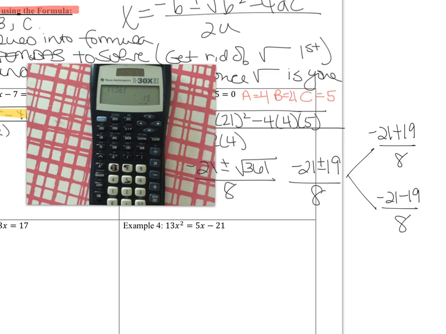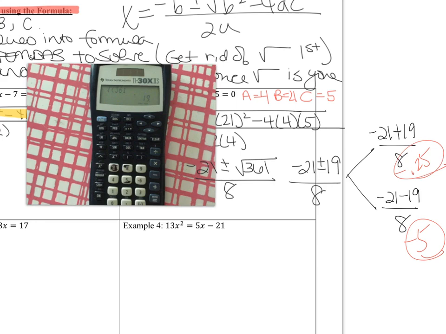So in my calculator, negative 21 plus 19, I got to hit enter first, divide by 8. I get negative 0.25, which is just negative 1/4. And then negative 21 minus 19, enter, divide by 8. I get negative 5.